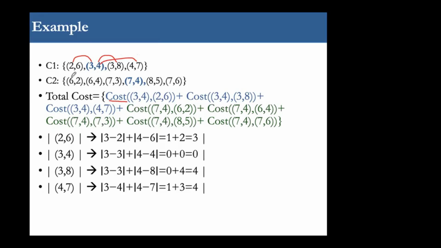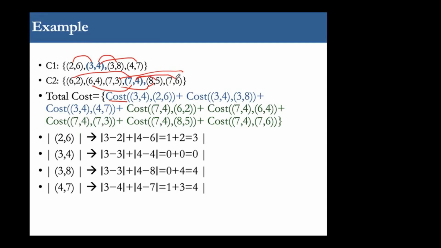Similarly, we need to find the cost between 6, 2 to 7, 4, 6, 4 to 7, 4, 7, 3 to 8, 5, 7, 3 to 7, 4 to 8, 5 and 7, 4 to 7, 6.